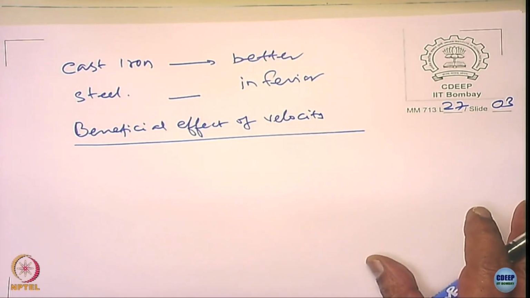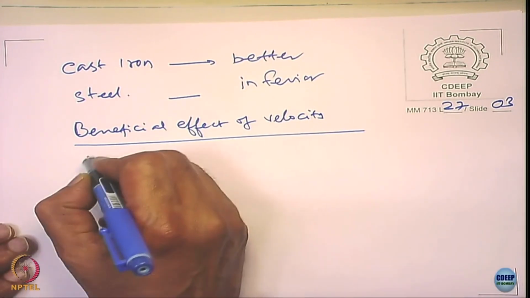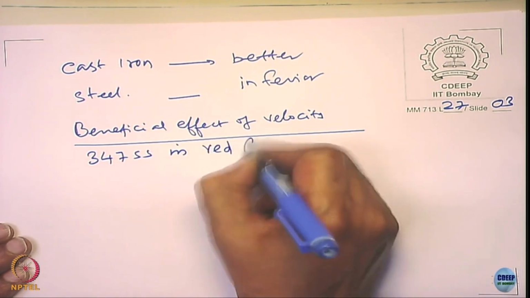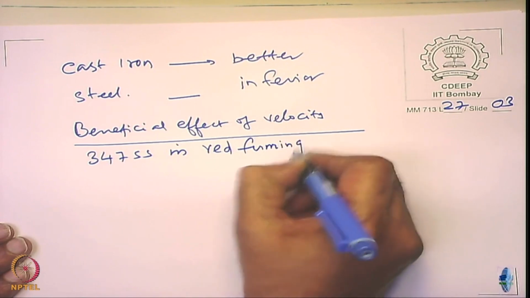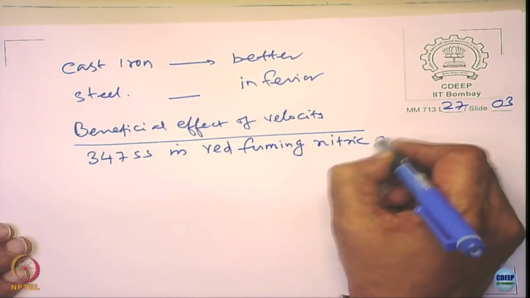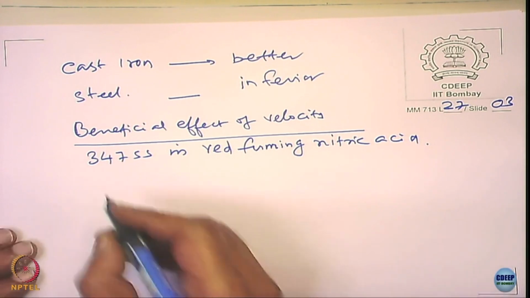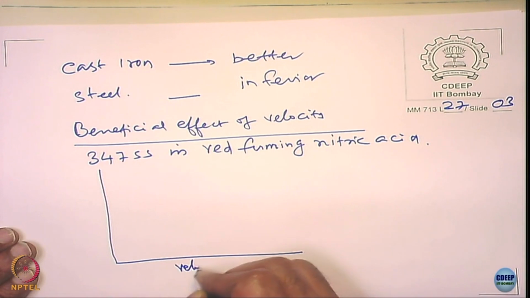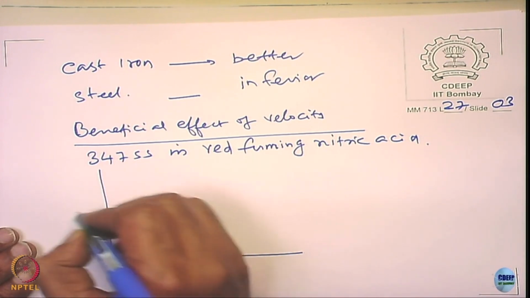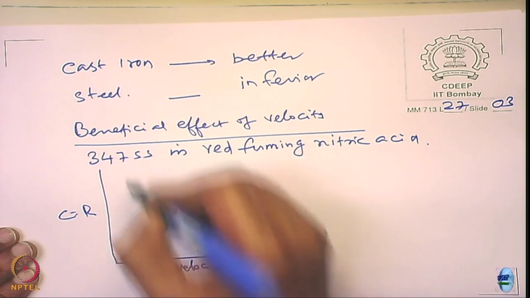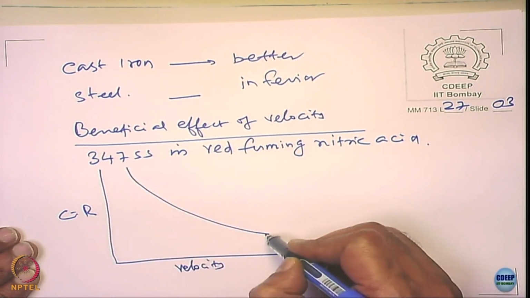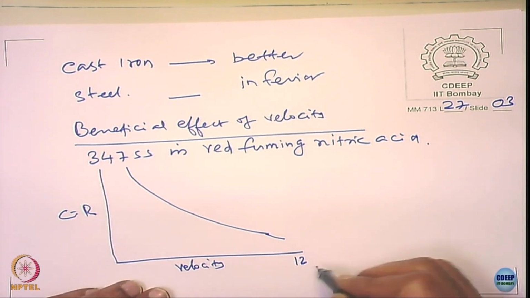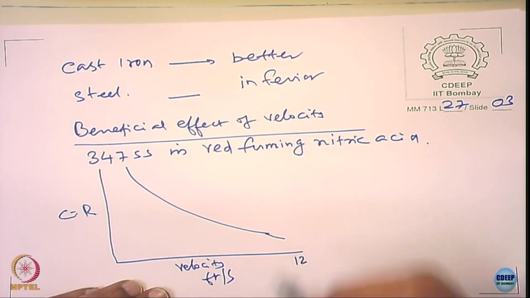This they have reported for 347 stainless steels in red fuming nitric acid. They found the corrosion rate drops like this, maybe within about, let us say, 12 feet per second, it drops like this.